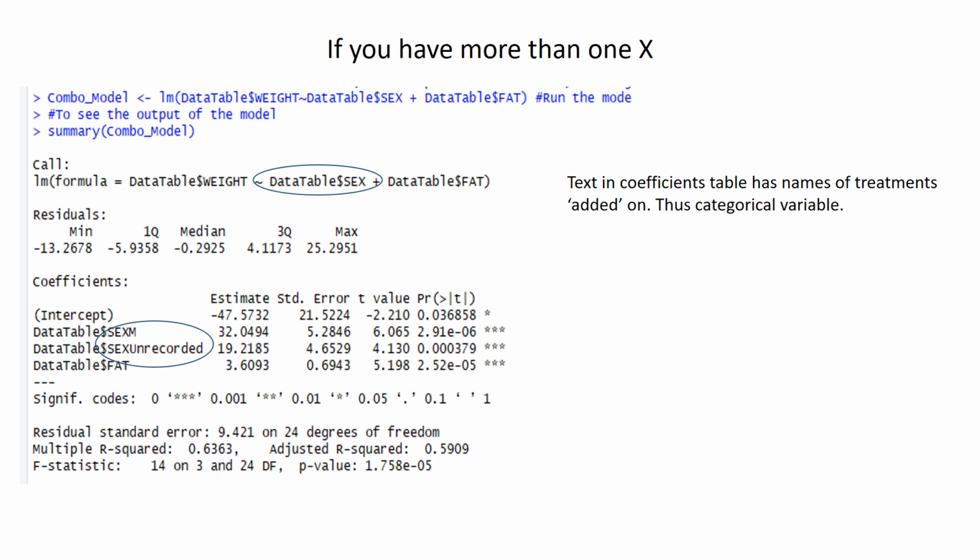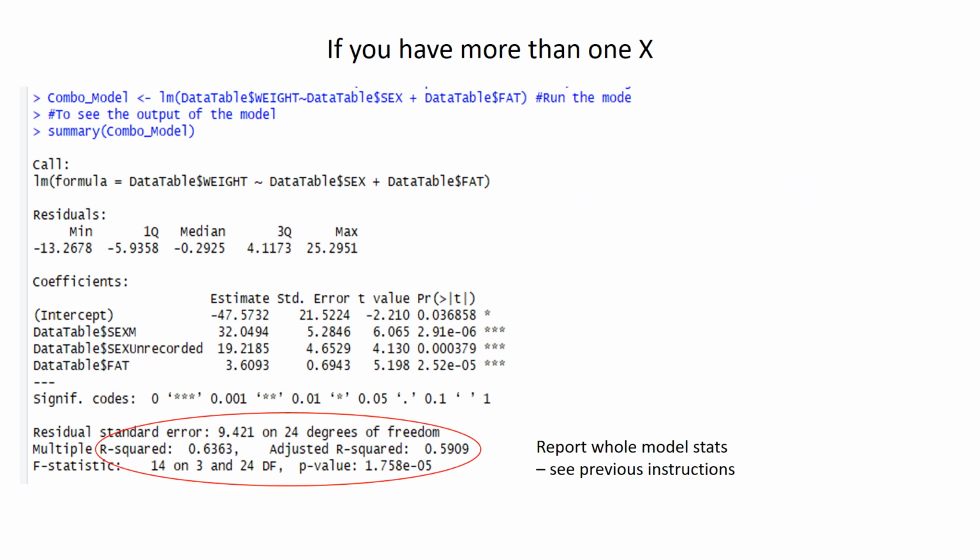Again, we don't see sex F, the female, because it's the first one in the alphabet, so it's excluded, but we see M and unrecorded behind here. So we know that it is read by R as a categorical variable.